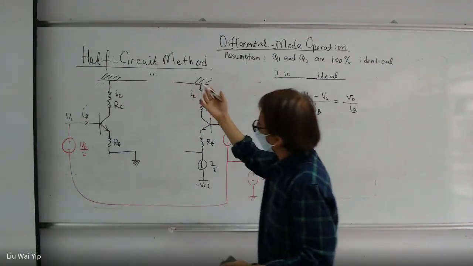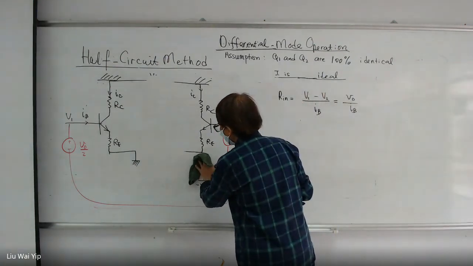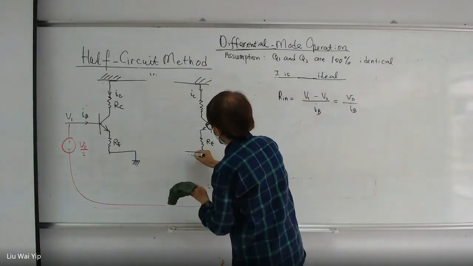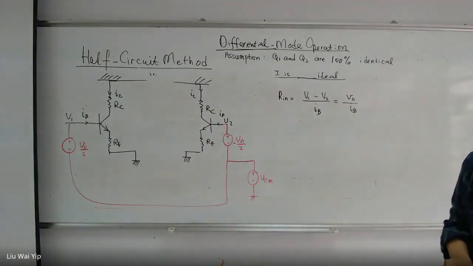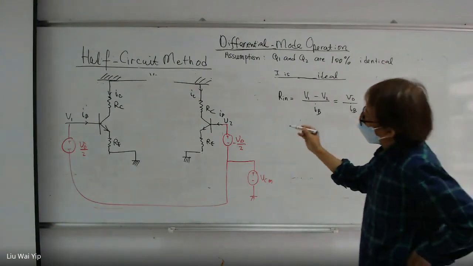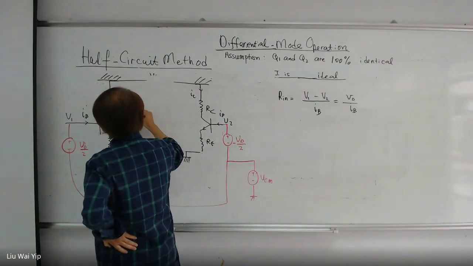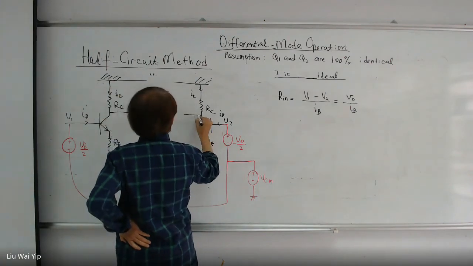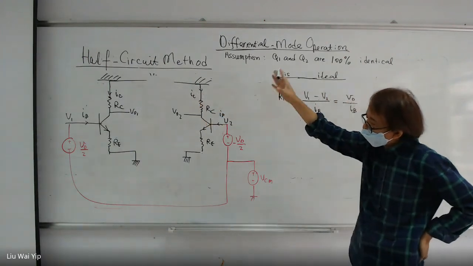So this is the circuit that we are dealing with, and we are going to find the input resistance. But before doing this, let's not replace this with any other name. Let's consider the branch on the left.